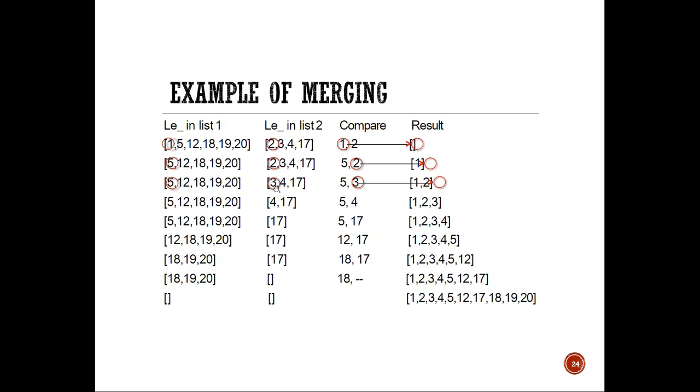Then 5 and 3, we put 3. 5 and 4, we put 4. 5 and 17, we put 5. 12 and 17, we put 12. 18 and 17, we put 17. Then we copy this to the end.